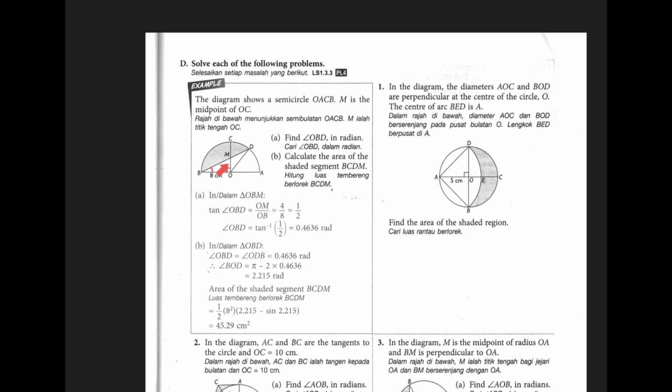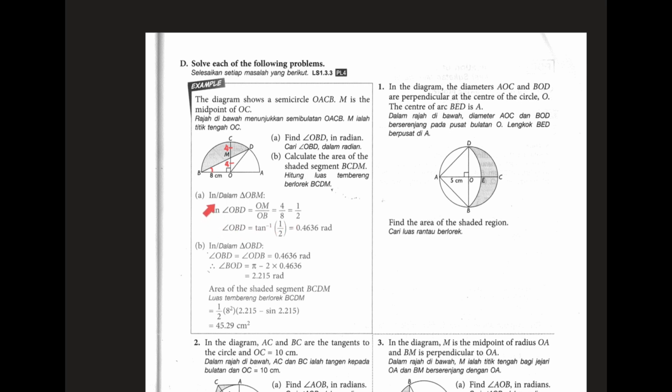Because this is the midpoint, the radius of 8 cm is divided into 4 cm and 4 cm. They are the same length. So OM is 4 cm over 8. Opposite over adjacent, then you get 1 over 2.